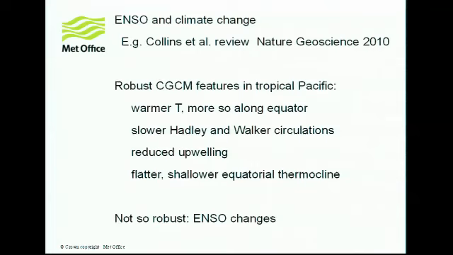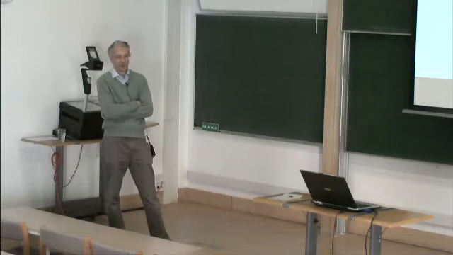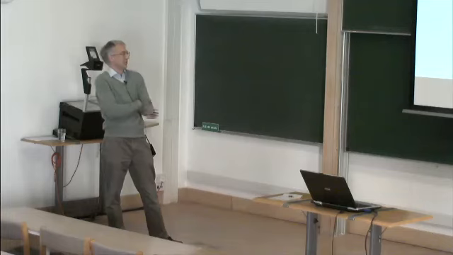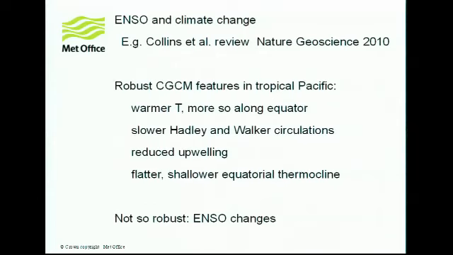However, it warms up more along the equator, particularly, than it does in other parts of the tropics, so you tend to get a bit more of a temperature anomaly situated along the equator. Partly due to reduced upwelling in the system along the equator. Reduced upwelling because most of the climate change simulations suggest a slowing down of the Hadley circulation and the accompanying Walker circulation, and they also suggest changes such as a flatter, shallower equatorial thermocline.